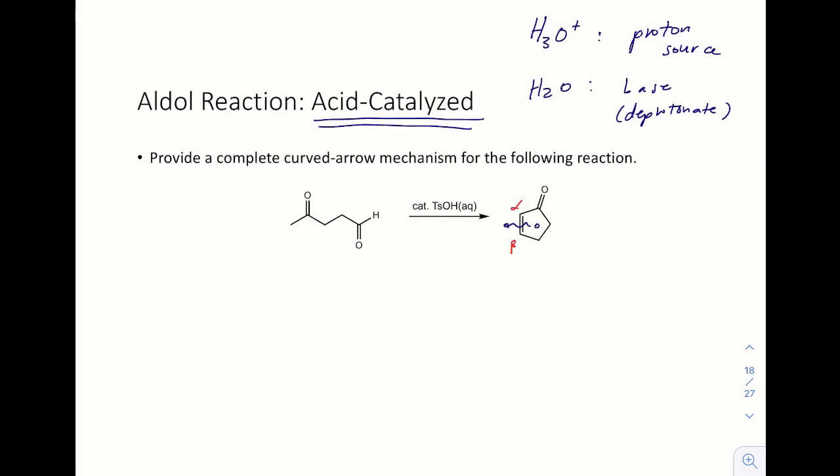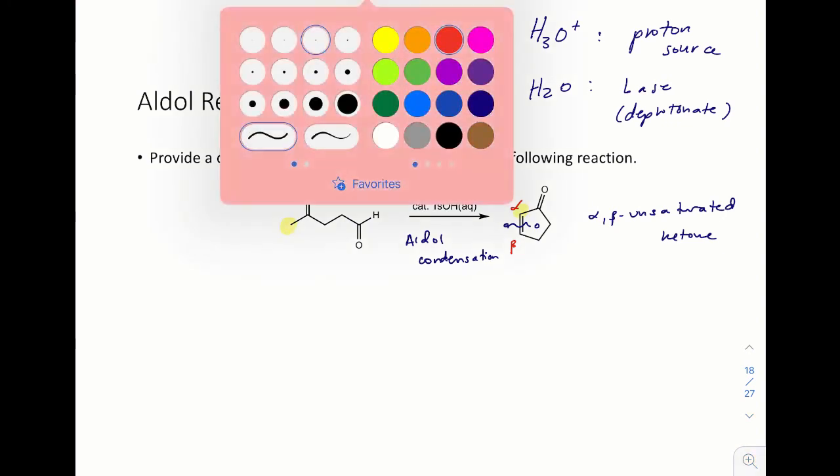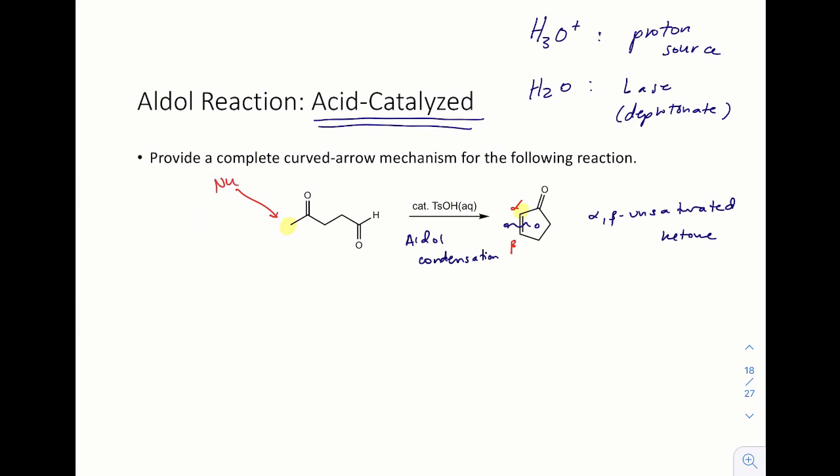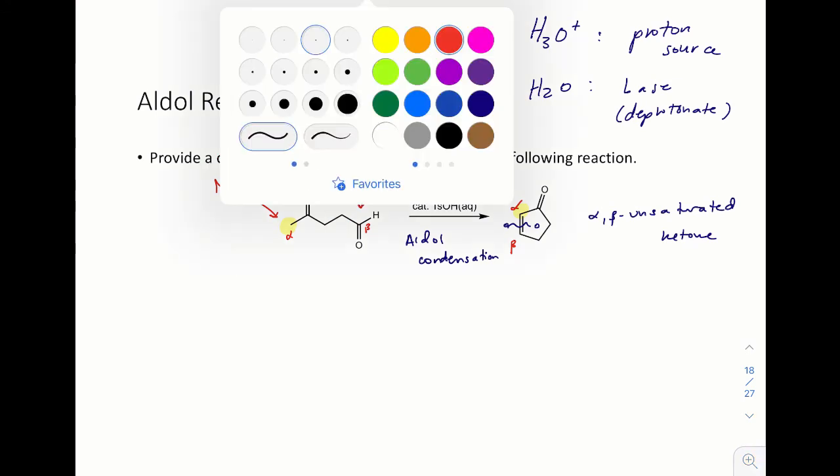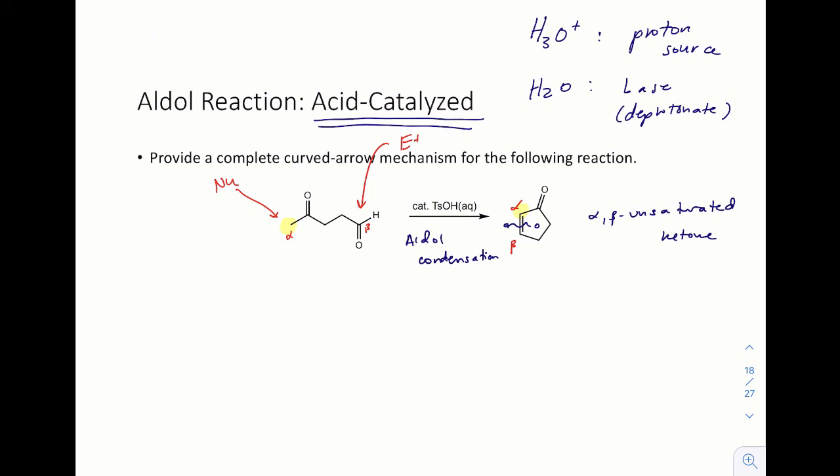We know that an aldol condensation has occurred. We see the alpha-beta unsaturated ketone product. We know that the alpha carbon of the product was the nucleophile in the aldol addition. The beta carbon of the product was the electrophile. Under basic conditions, the nucleophile was the enolate. Under acidic conditions, the nucleophile in the aldol addition is the enol.